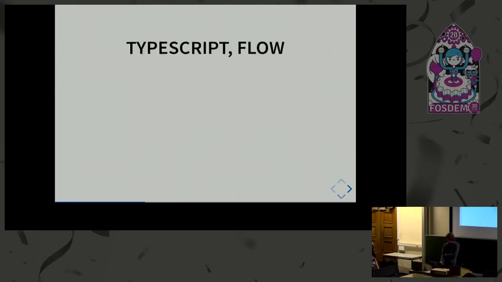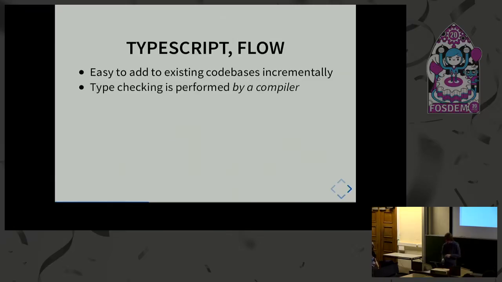So another approach to that is TypeScript and Flow, which are essentially typed JavaScript. They're different types of typed JavaScript, so they're also easy to add to existing code bases incrementally. You take your JavaScript, you add type annotations, it tells you where you've messed up. And this time, type checking is performed by a compiler.